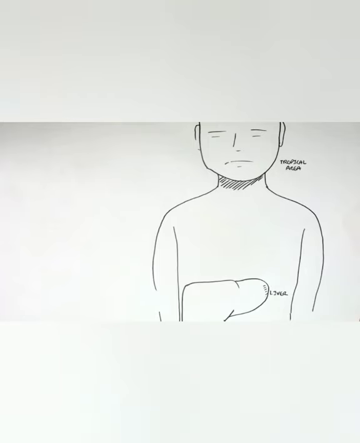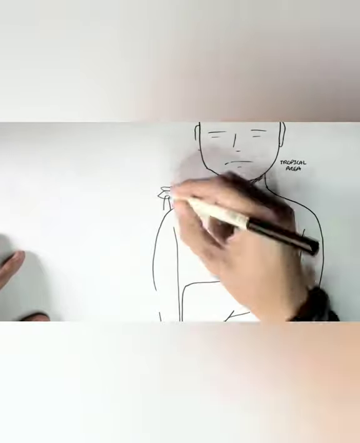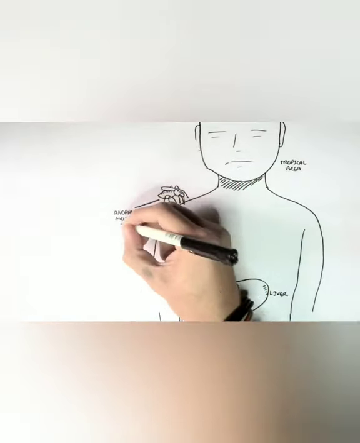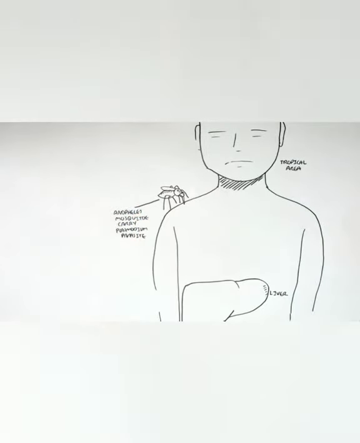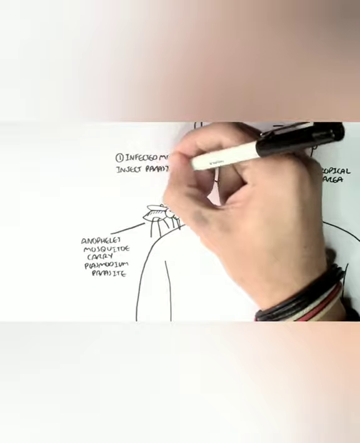And as well, I'm drawing a liver here because the liver has a main role in the malarial infection. Now here I am drawing a female Anopheles mosquito, which is carrying the Plasmodium parasite. It's a female because female mosquitoes are the ones that bite and suck blood from humans and infect humans.